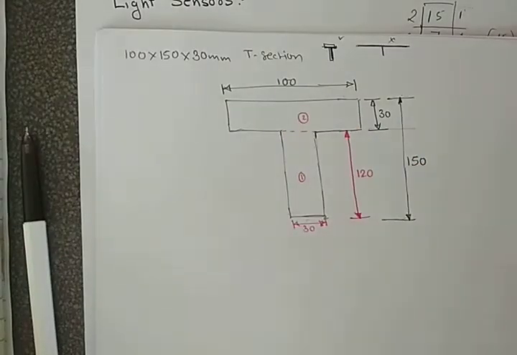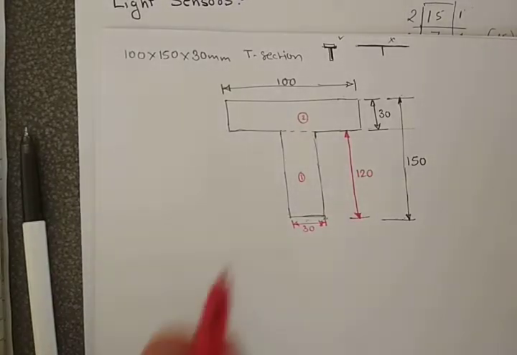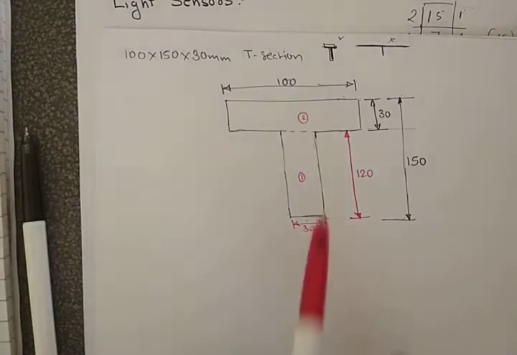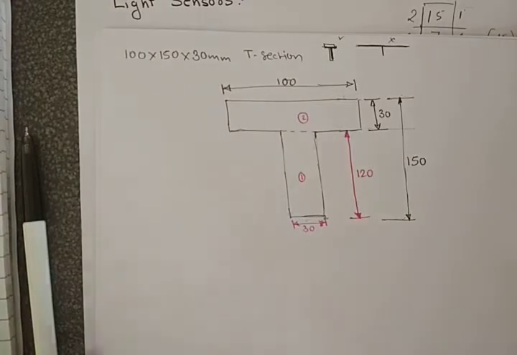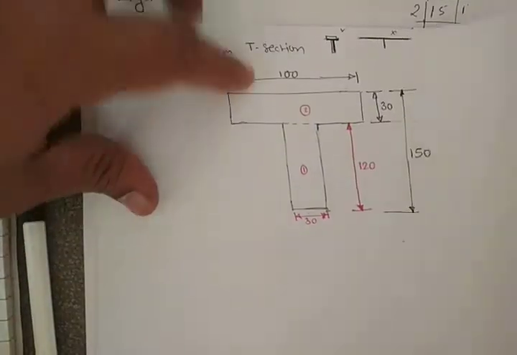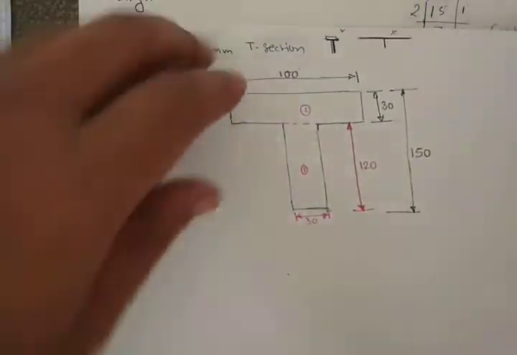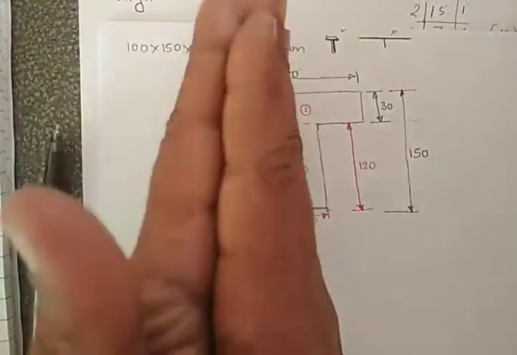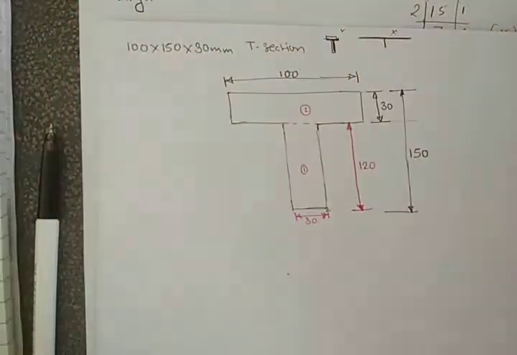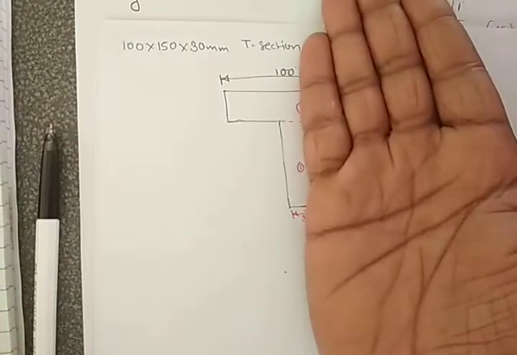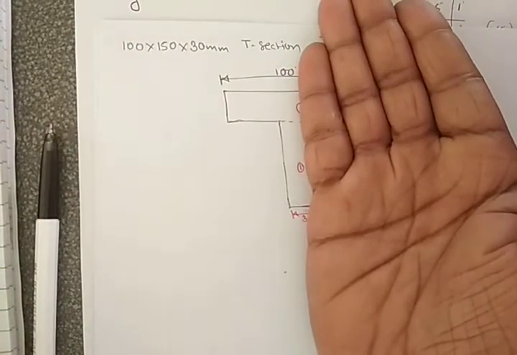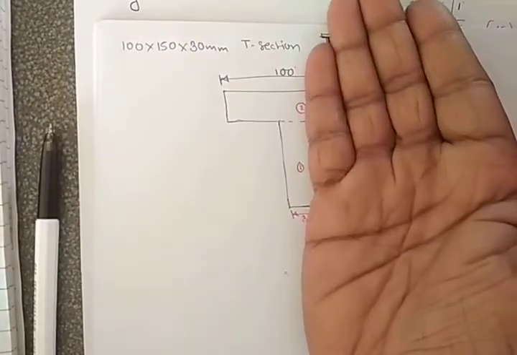Okay. Now next, what we will see is whether this figure is symmetric or not. That again we have to check. Means, if I fold this, will those overlap on each other or not? Or if I keep a mirror like this, can I see the same figure or not?